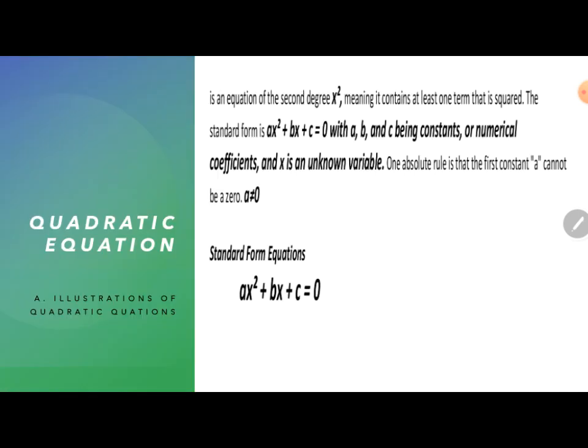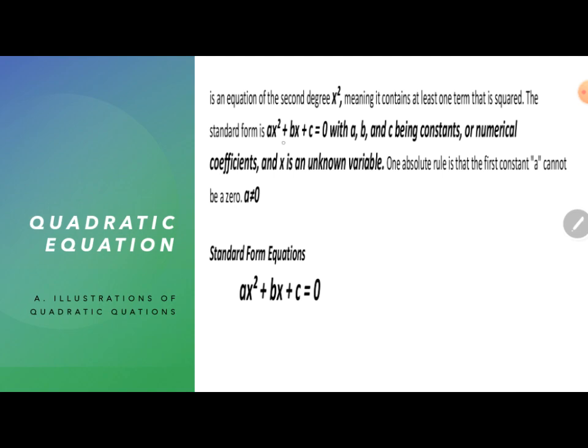So first, by the very definition, a quadratic equation is an equation of second degree, meaning it contains at least one term of x squared.